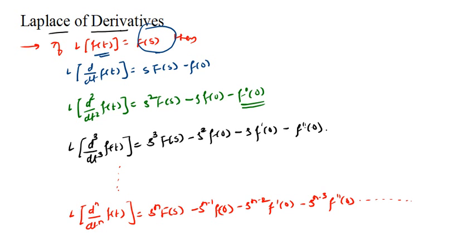The last term is s to the power n minus n, that is s to the power 0, times f n of 0. This f n of 0 is the nth derivative of f of t at t equal to 0.